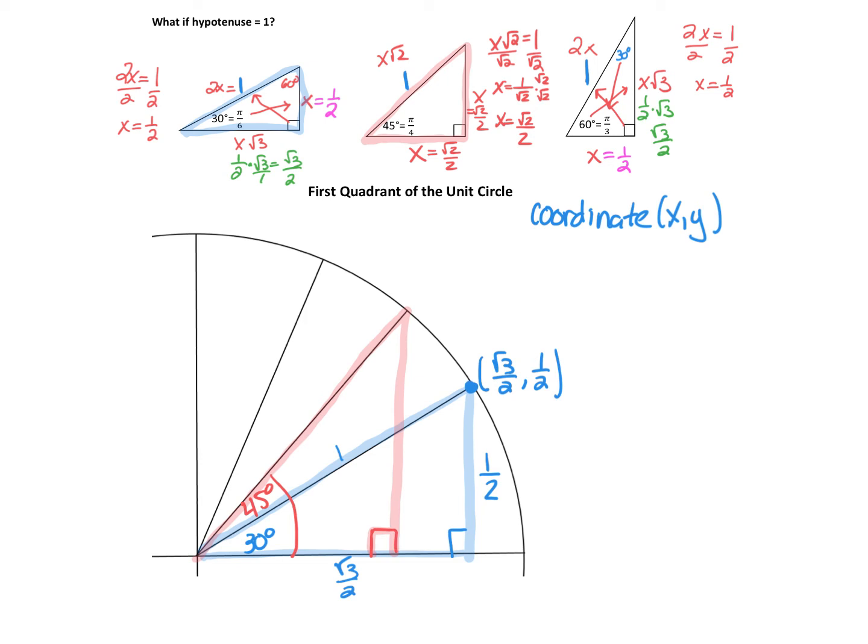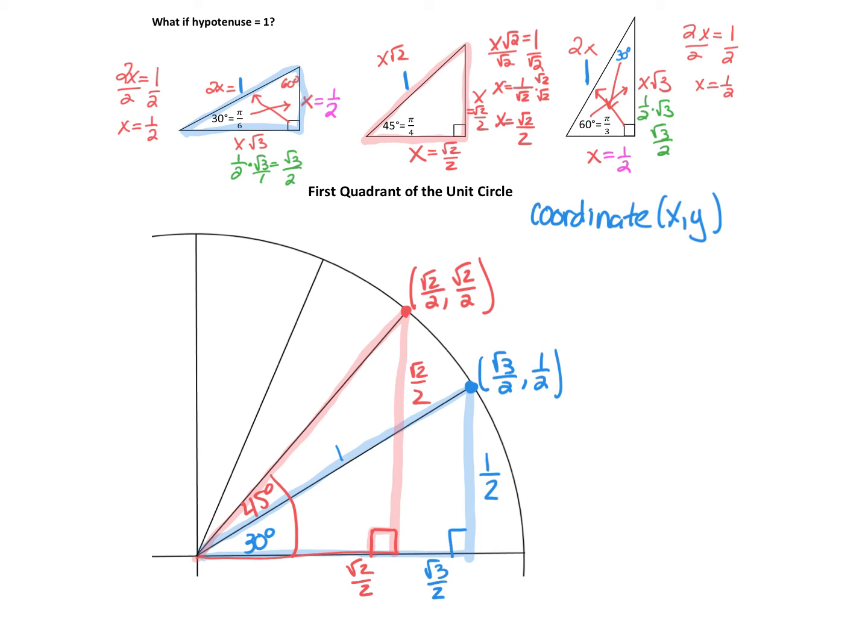According to my 45-degree triangle, this side of my triangle is root 2 over 2, and this side of my triangle is root 2 over 2. So that means my x comma y is going to be root 2 over 2 comma root 2 over 2.